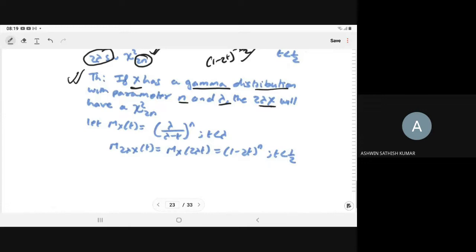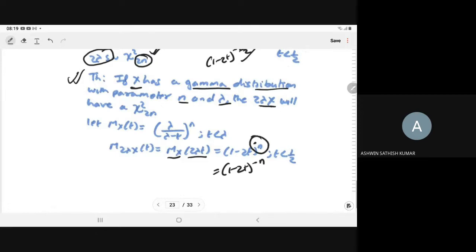The moment generating function for the gamma distribution is lambda upon lambda minus t to power n. So the moment generating function for 2 lambda x is the moment generating function of x at 2 lambda t, which can be written as 1 minus 2t to power minus n.